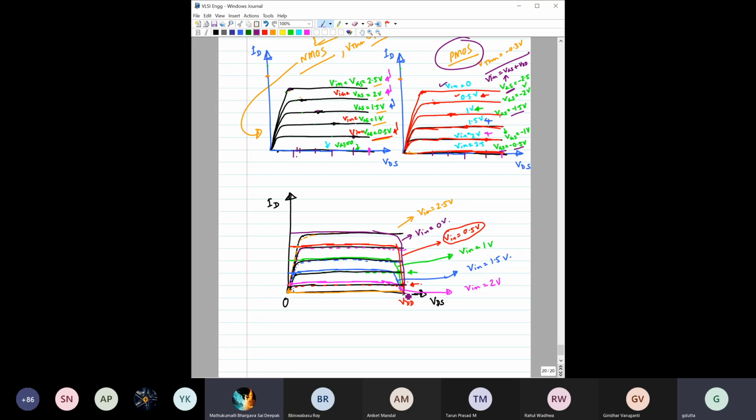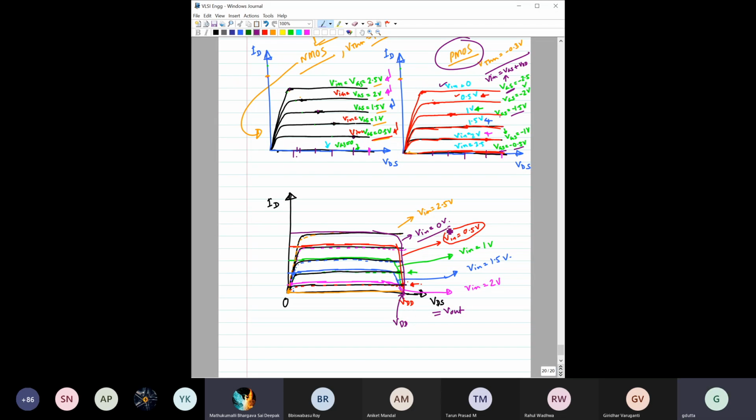See this, when Vin is equal to 0, what is the output? Here this VDS is nothing but this Vout. Sorry, the output is not 0. This is equal to VDD, right? So when Vin is equal to 0, where is the intersection? The PMOS is this one, NMOS is this line, right? And they intersect here. So the output is equal to VDD, right?